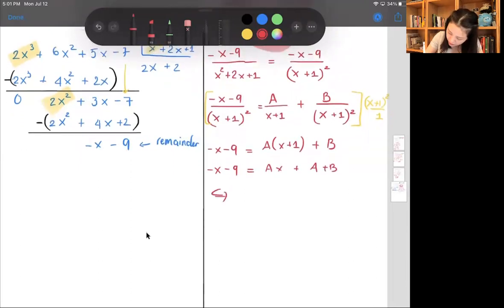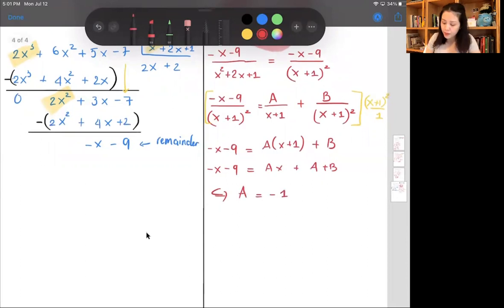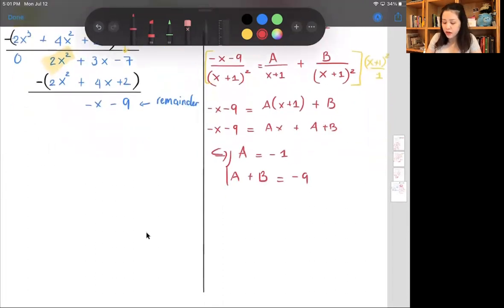So this implies a equals negative 1. And then a plus b equals negative 9. Well, a equals negative 1, so this implies b equals negative 8.